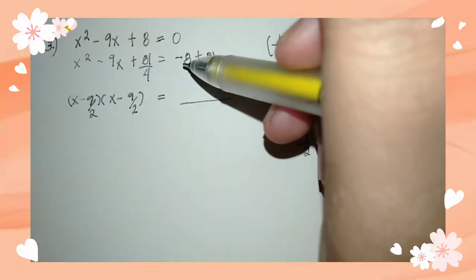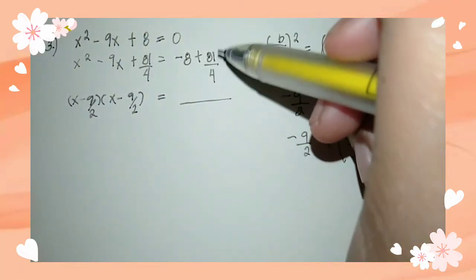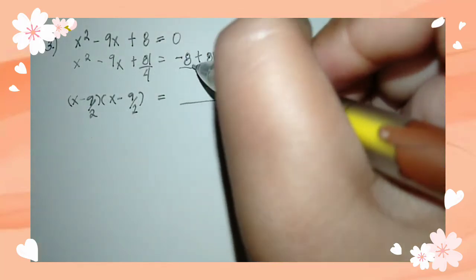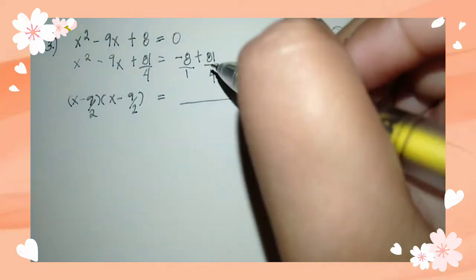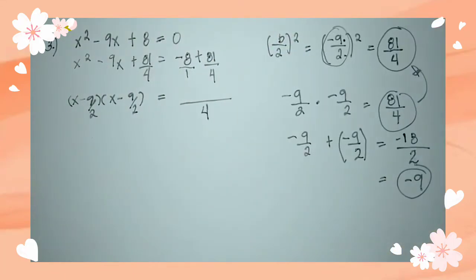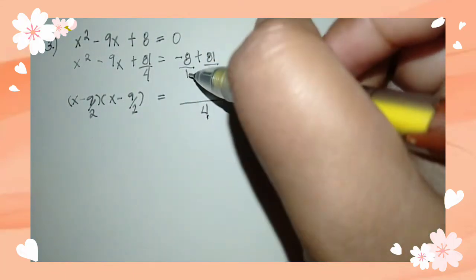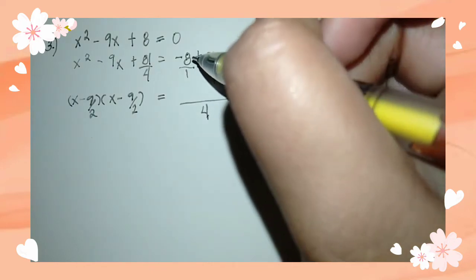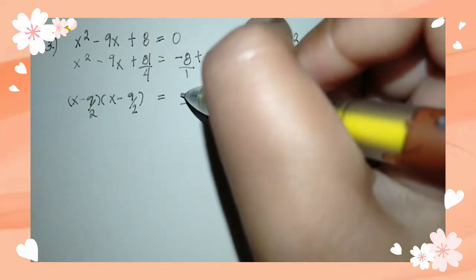So, we have negative 8 plus 81 over 4. Since ang ating denominator is 4 and this is automatically 1, our LCD becomes 4. Tama? And then 4 divided by 1 is equal to 4 times negative 8 is equal to negative 32.